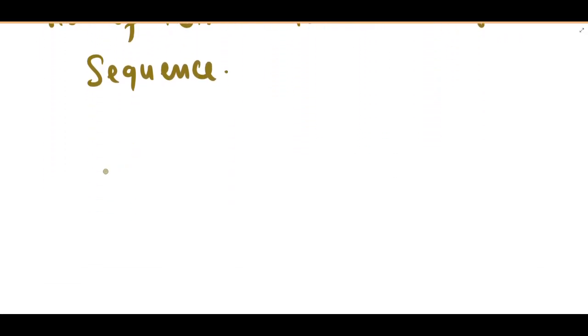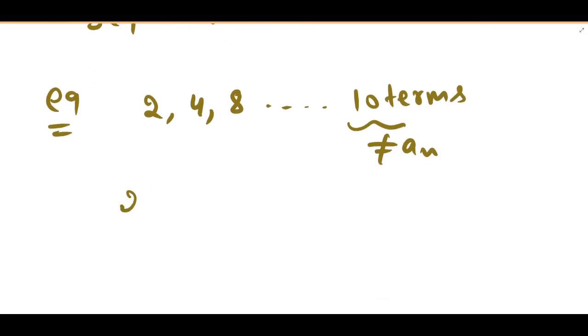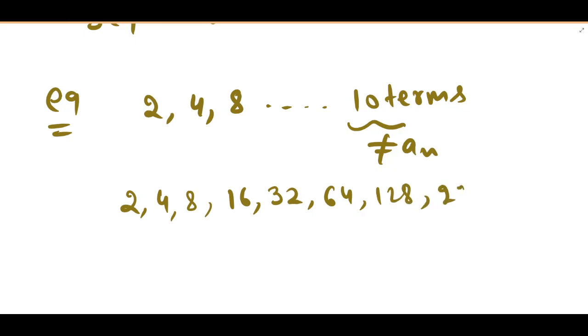For example, 2, 4, 8, and it will go up to 10 terms. That is 2, 4, 8, 16, 32, 64, 128, 256, 512, 1024.